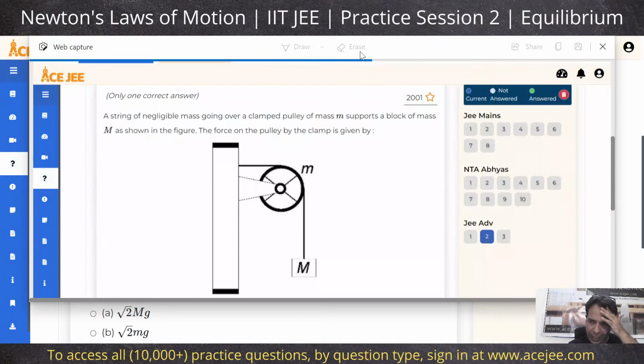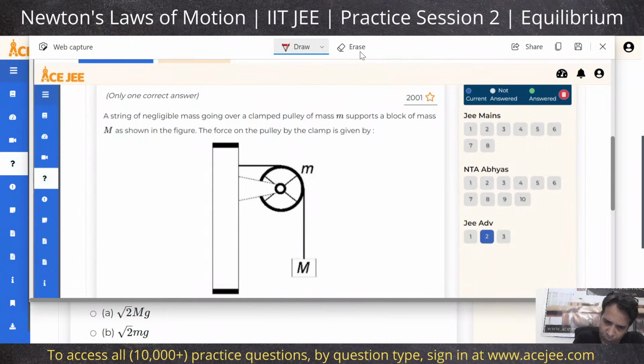So we have this pulley of mass M. First, step by step, let's establish the tension in this rope. What is the tension in this rope? Mg. Yes, sir. So now let's draw the free body diagram of the pulley. This is my pulley.